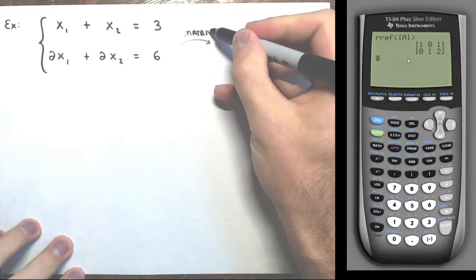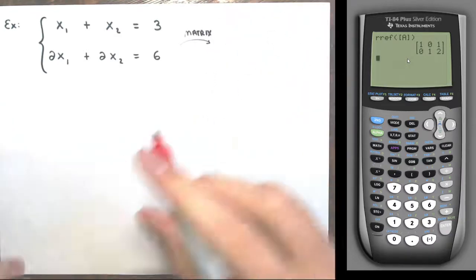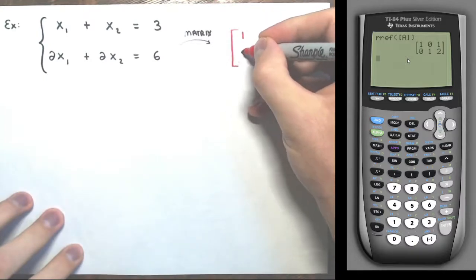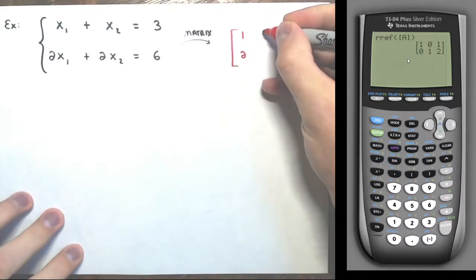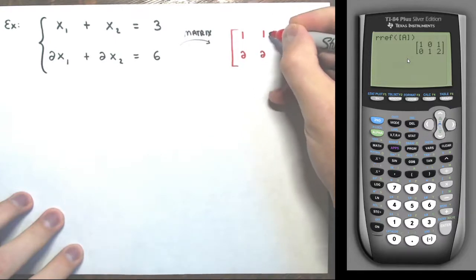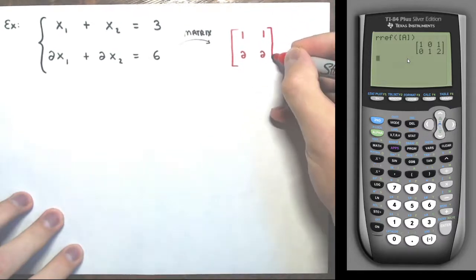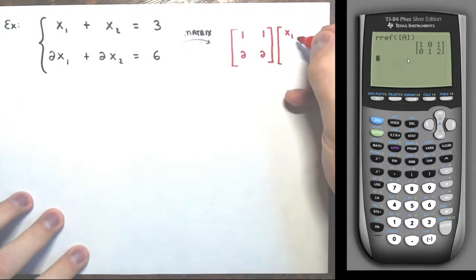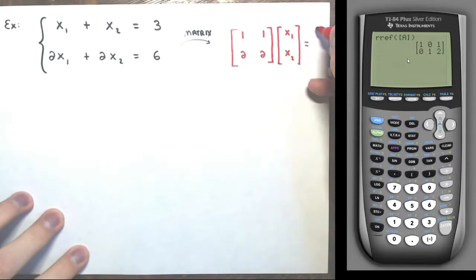Let's write the matrix here, where the coefficients of x1 are down one column, coefficients of x2 are the same thing down another column, times the variables, x1, x2, equals, and then this constant matrix on the other side of the equal sign, 3, 6.